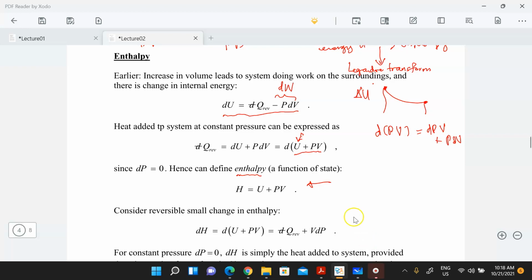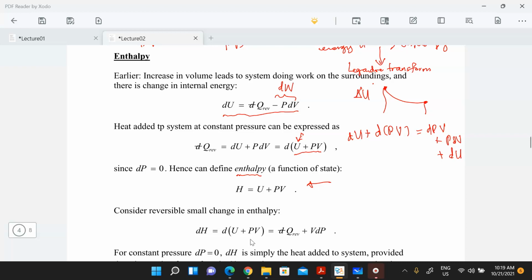In this particular case, you get dU, and then you get dPV, which is PdV plus VdP.